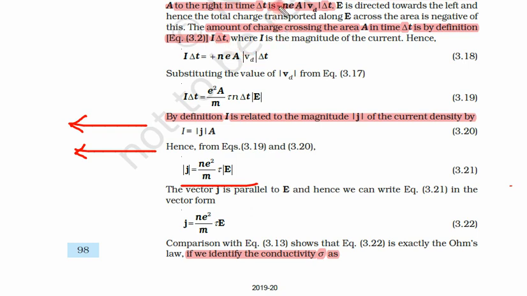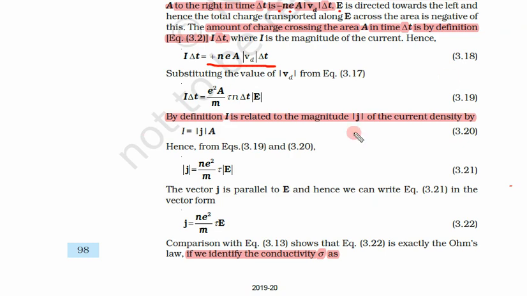So the charge on the electron is negative, minus e, and it flows opposite to the electric field. So double minus becomes a plus. The direction of J and E are the same, so current also flows in the same direction as the electric field.